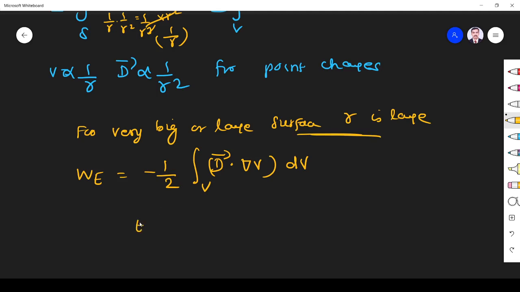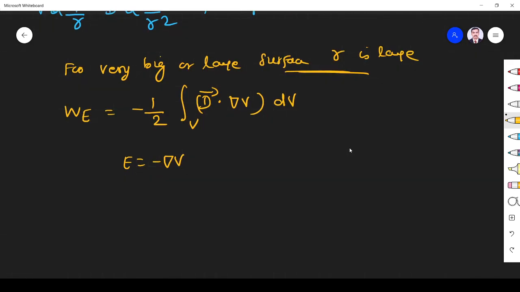We know that E is equal to minus del V. Substitute that here. So capital W_E is equal to, minus del V means the minus will cancel, so it is 1 by 2 ∫ D·E dV.